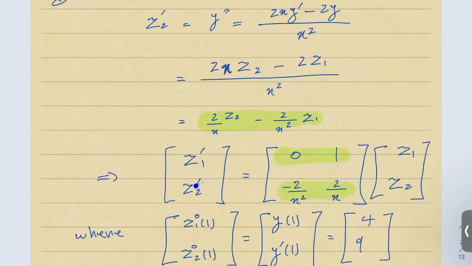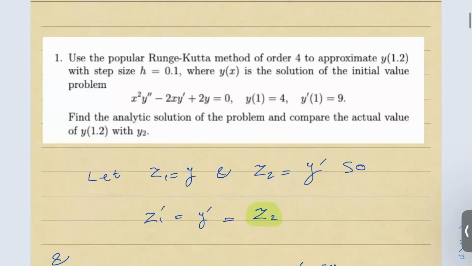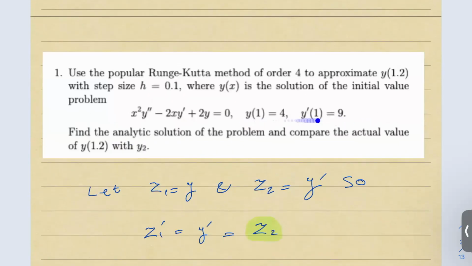So Z1 prime, Z2 prime can be written in terms of this matrix A times Z1, Z2, where the initial value is y and y prime, or Z1 and Z2. The 4, 9 comes from this initial condition.